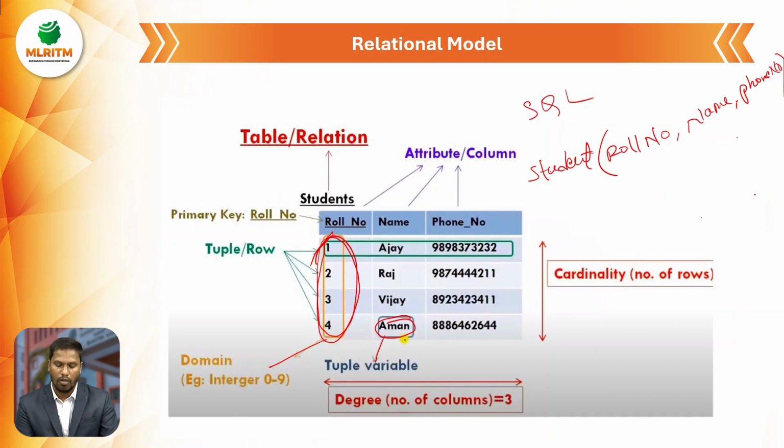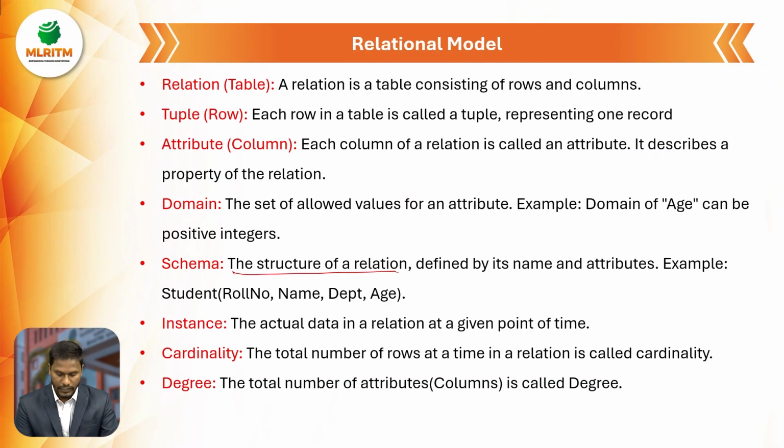This is called the schema of the table. Schema of the table is nothing but the structure of a relation defined by its name and attributes. Example: student, roll number, comma, name, comma, age.